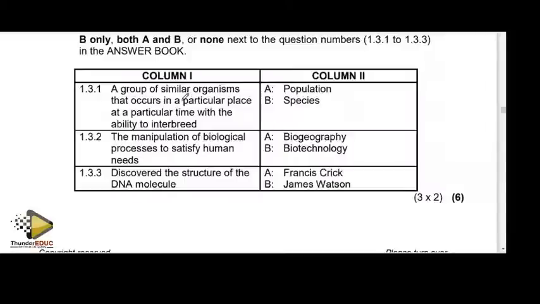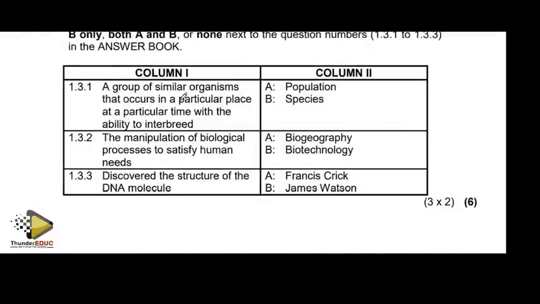A group of similar organisms that occur in a particular place at a particular time with the ability to interbreed.